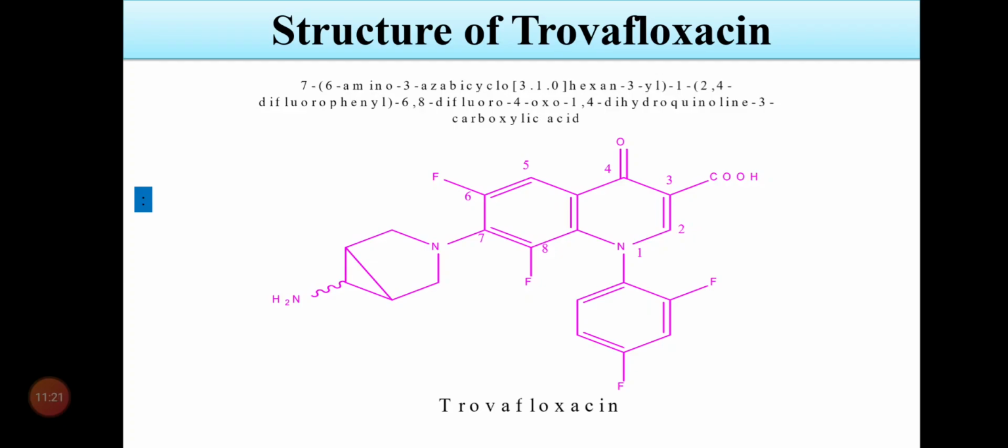The rest of the structure is somewhat the same as ciprofloxacin, with little changes at the 1 and 7 positions. At the 7 position there is a 6-amino-3-azabicyclo[3.1.0]hexan-3-yl substitution, and at the 1 position, that is N1, the substitution is a difluoro-substituted benzene ring. This is the change in trovafloxacin.